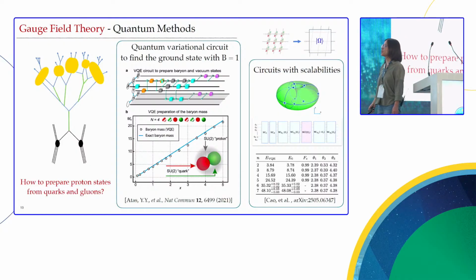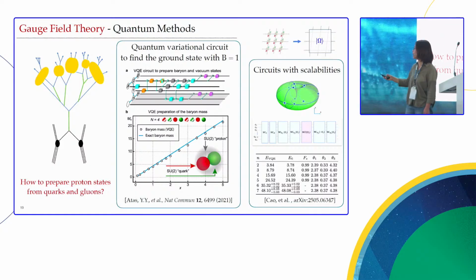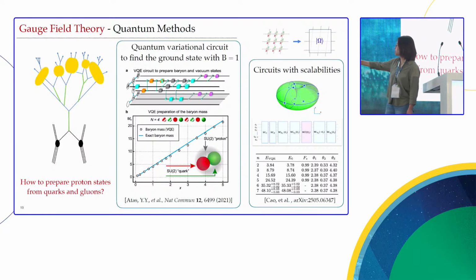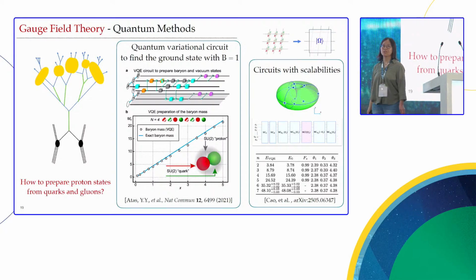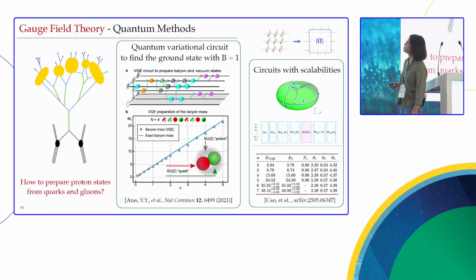Instead of training every circuit for different system sizes, we can extend this circuit by extrapolation to large systems. So it works pretty well. As you can see here, this is a comparison between the variational circuit and the exact ground state energies. And the next step would be to extend this method to the non-abelian gauge theories that we are ultimately interested in.